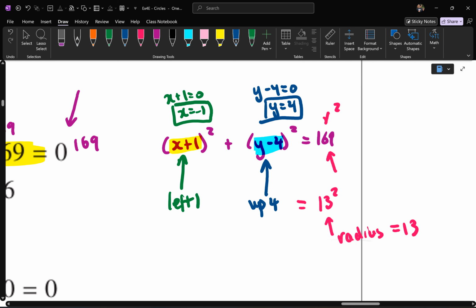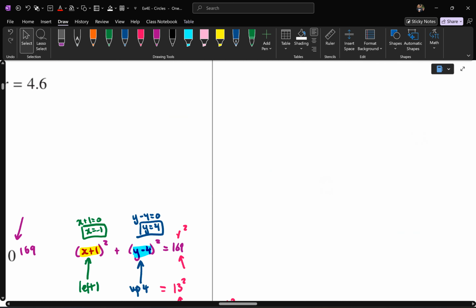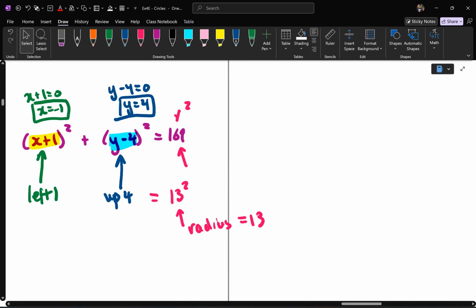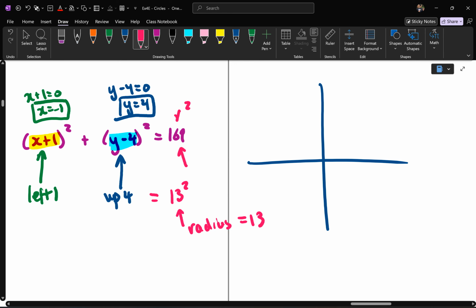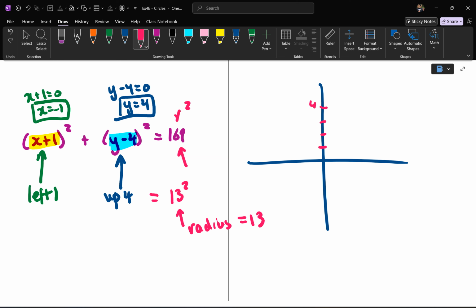If I ask you to sketch this circle now, you know the radius is 13. First, find the center. So here we go. Draw an axis. You told me up by 4, so 1, 2, 3, 4. Up by 4. You told me left by 1, so left by 1. Here's my new center. So if the center's there, remember, the radius is 13, so I've got to go 13 this way, 13 that way, 13 up, and 13 down.